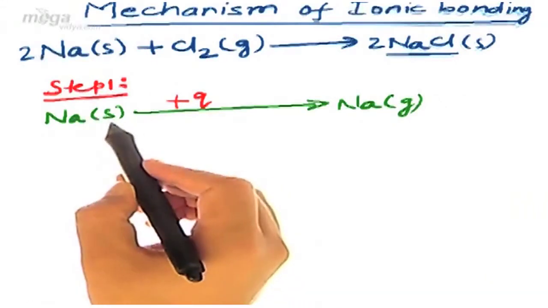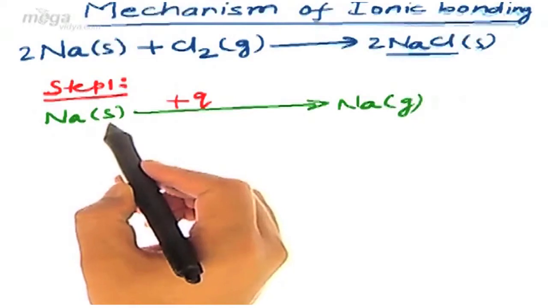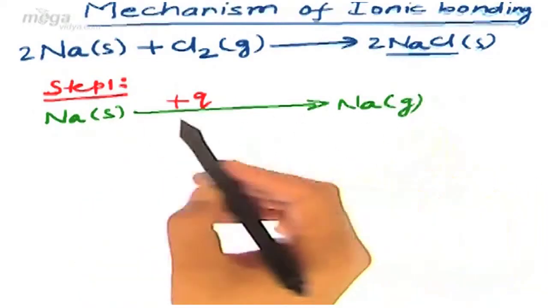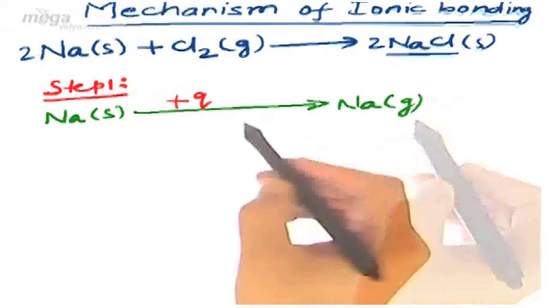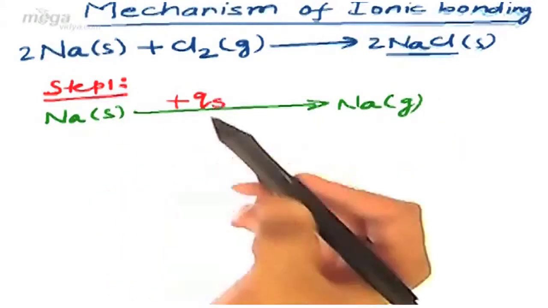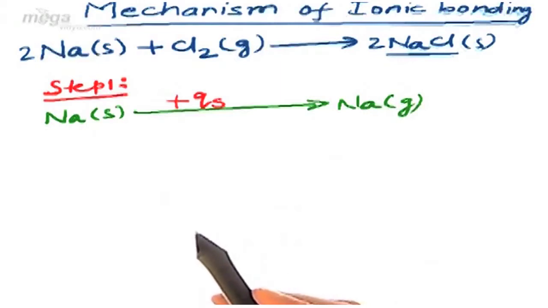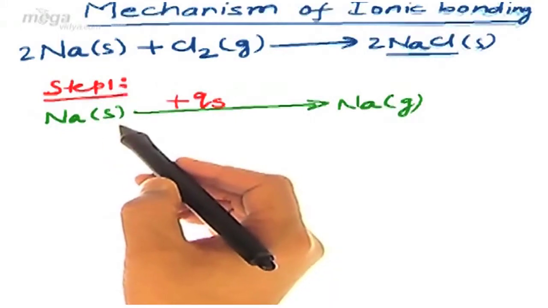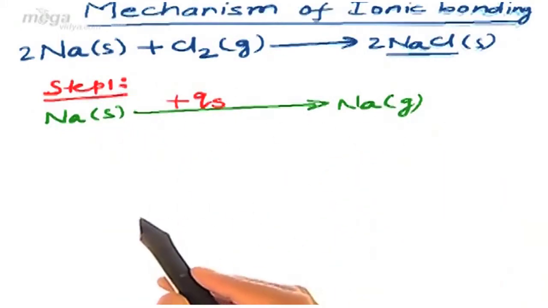Now as here we are observing that the solid state is being converted into gaseous, means phase transition is taking place, and we can call this process sublimation also. Sublimation is a process where there is direct phase transition from solid to gas or vice versa, and the same thing we are observing here: solid sodium is converting into gaseous sodium.